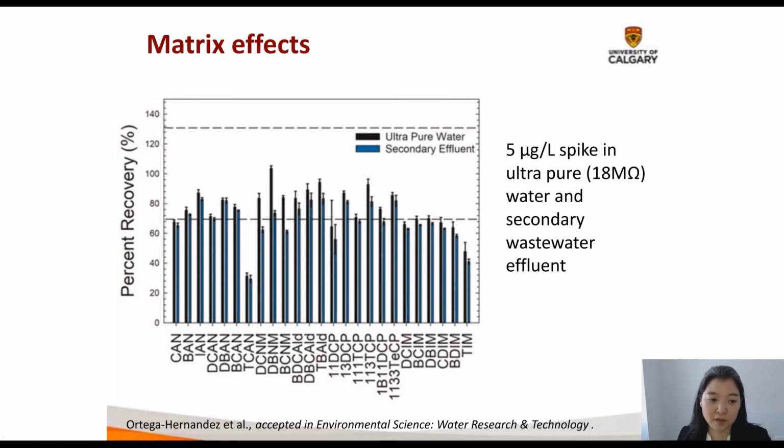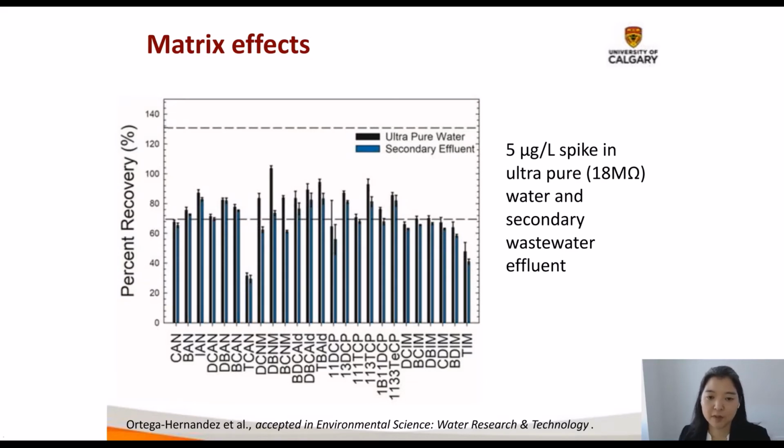The other thing, even though we're quantifying percent recoveries, the calibration curves are made from spiking into ultra pure water and then extracting them. So even though we do have these low percent recoveries, for example, for trichloroacetonitrile, it still quantifies the amount that we spiked, because we use spiked samples as our calibration standards.